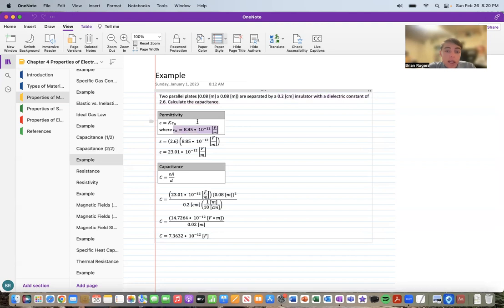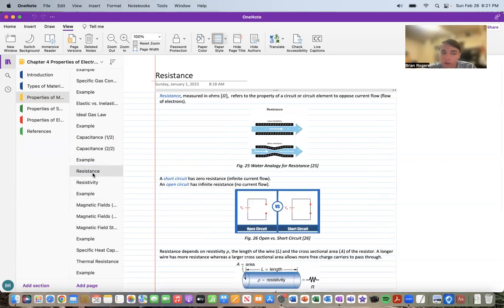That's a constant, and it's going to be multiplied by the actual dielectric constant in order to produce the permittivity. Capacitance is then going to be that permittivity, which we just solved for, times the area of those plates all over the distance between the two plates. In order for this calculation to work, we have to convert from centimeters to meters so that the units cancel properly and we get farads for our end result.